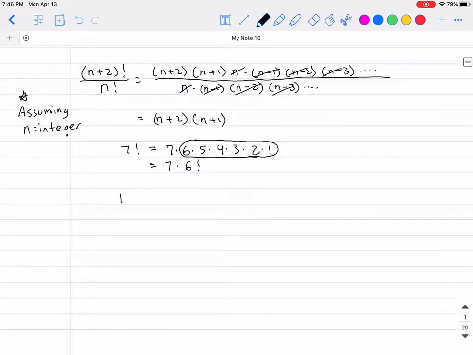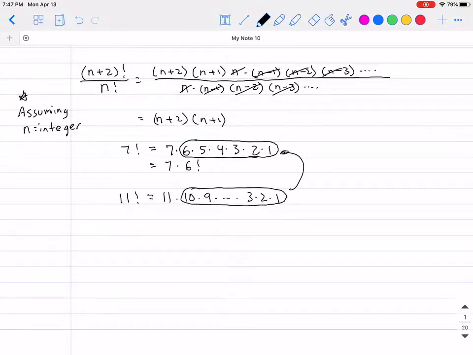Similarly, if I have, let's say, 11 factorial, then I can write that as 11 times 10 times 9 and so on all the way to 3 times 2 times 1. And in the same way as we showed right above, this part right here that I just circled is the same thing as 10 factorial.